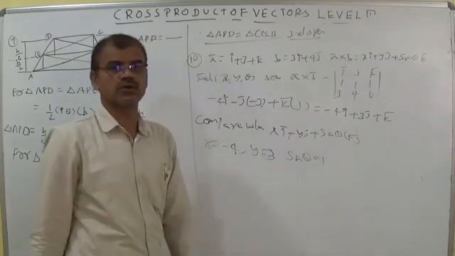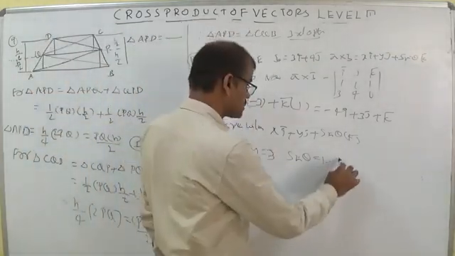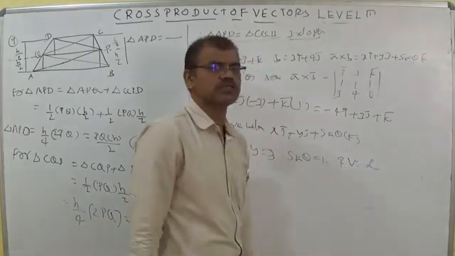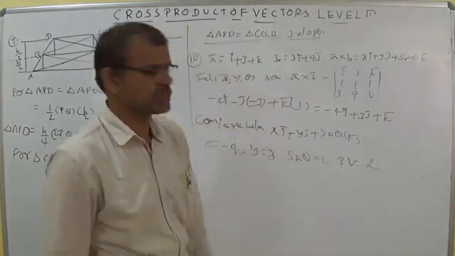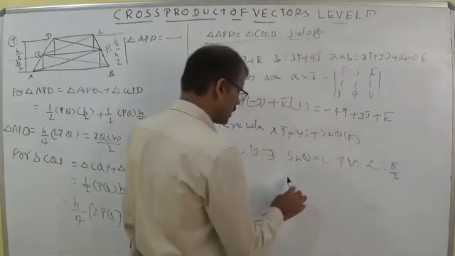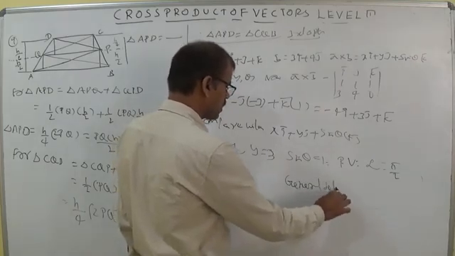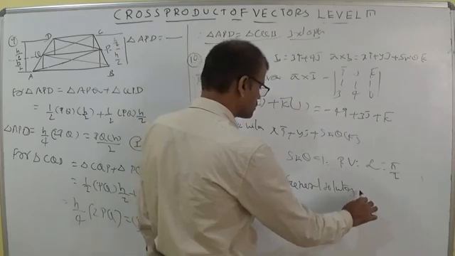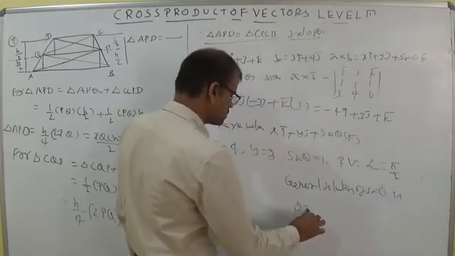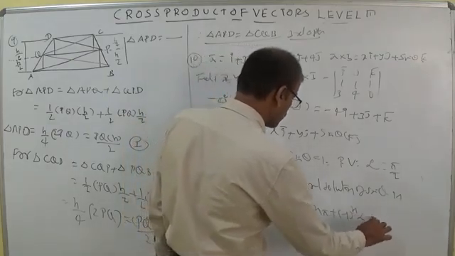Whenever sin theta is equal to 1, we know that sin 90 is equal to 1. You can say here principal value. Every time I used to say PV means principal value or principal solution. Alpha is equal to pi by 2. We know the general solution of sin theta according to trigonometric equations: theta is equal to n pi plus (minus 1) to the power n into alpha.